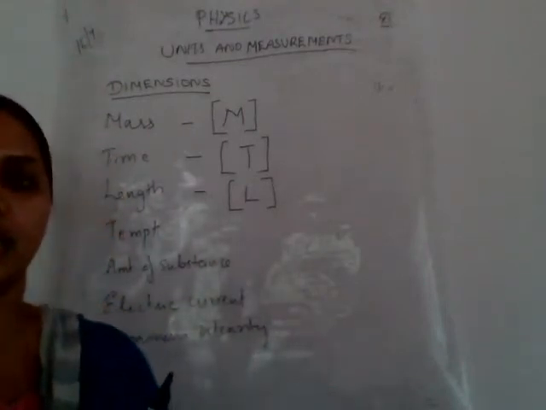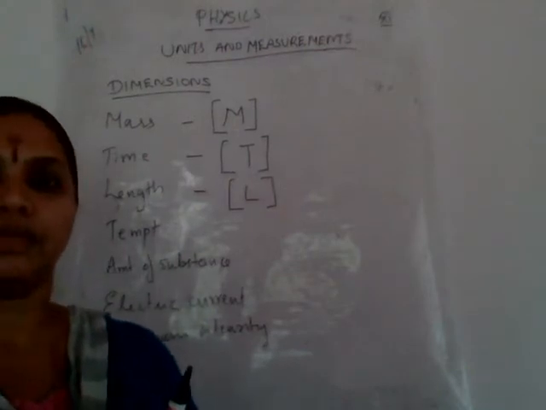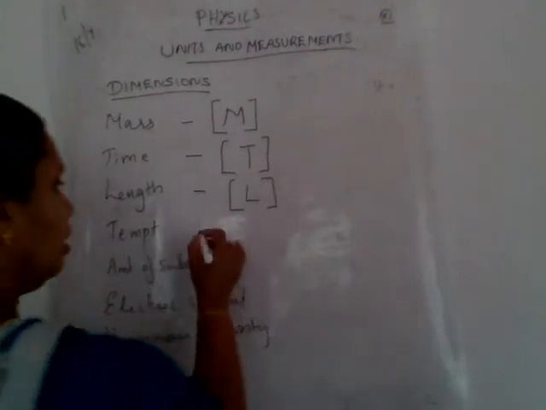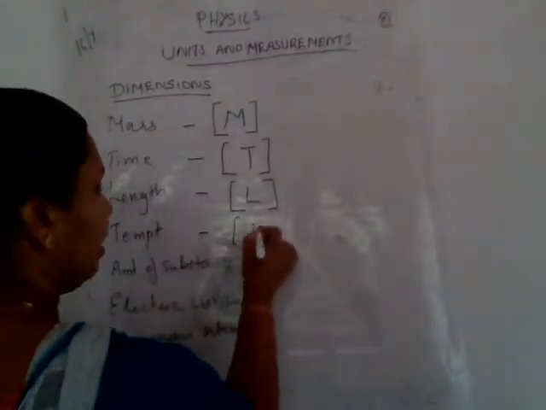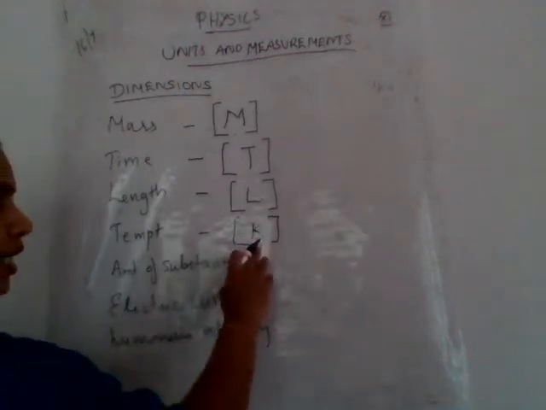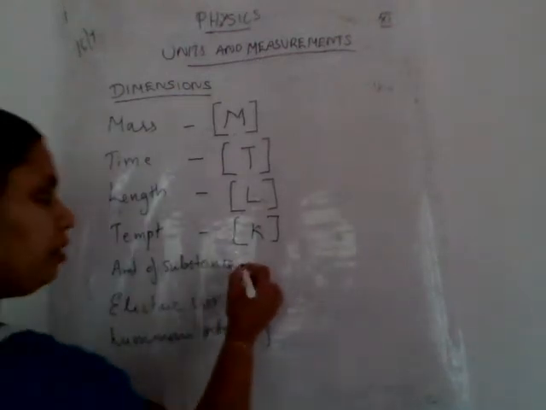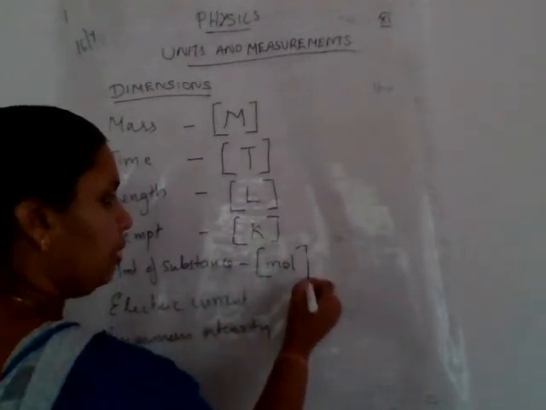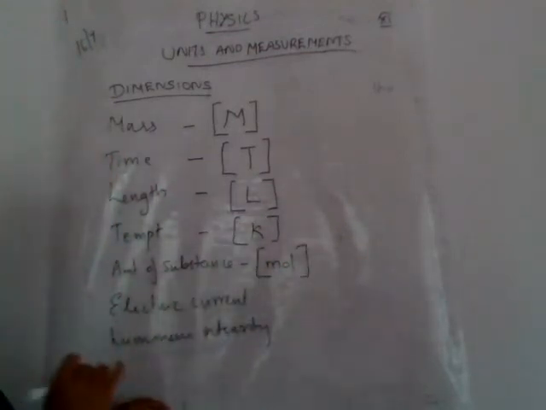What is next? Next is temperature. The dimension of temperature is K, that is Kelvin, the unit of temperature. And for amount of substance, it is mole. The unit is written in the square bracket.